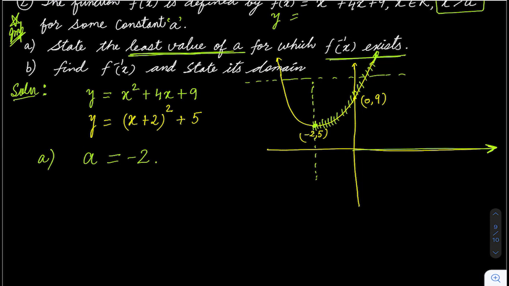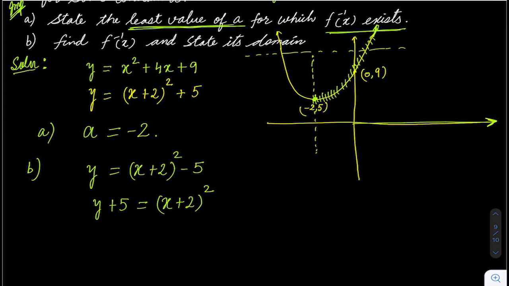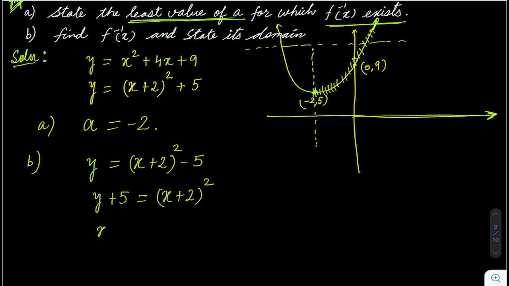Next is also important. You have to find the inverse and state its domain. Okay. So inverse we know. So this is my y value, x plus 2 whole square plus 5. So from this we need to find the x value. So y plus 5 will be equal to x plus 2 whole square. And from this I will get x plus 2 is equal to, again, same thing.